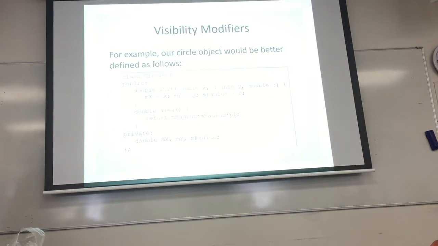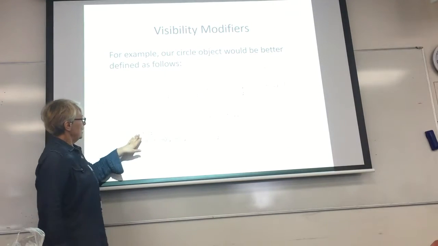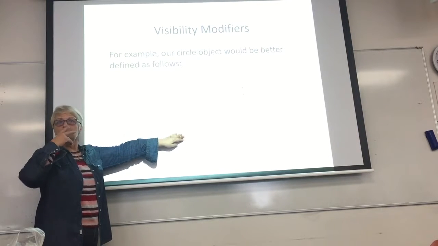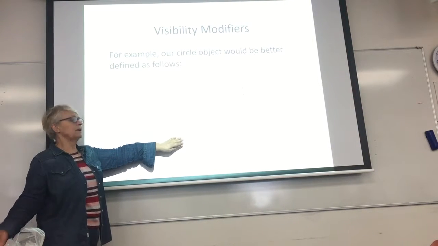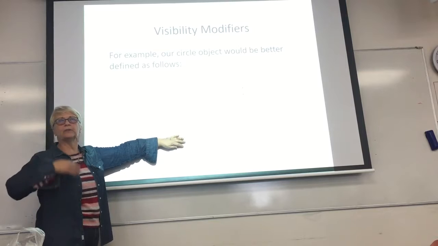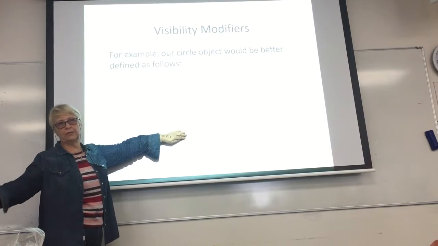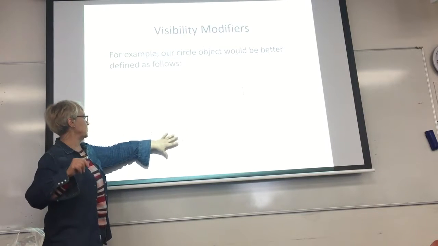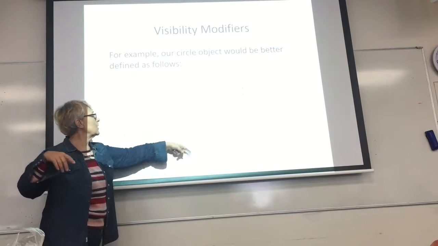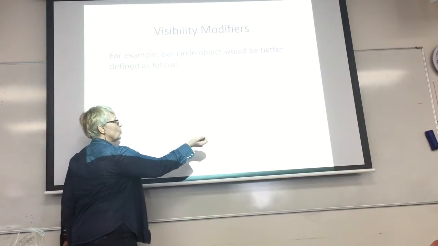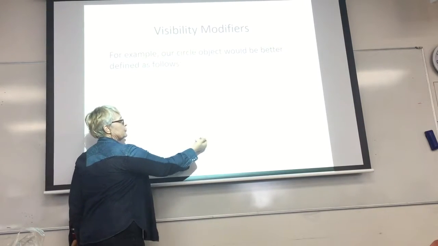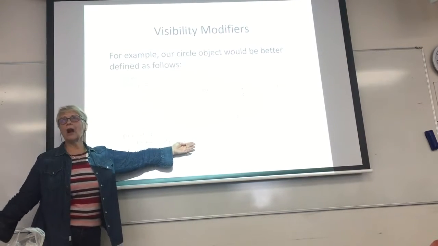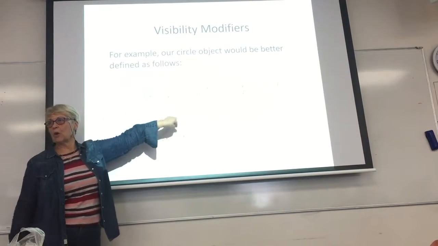Now, if we go back to our simple example, circle, it's a good approach to make most of your data members private. This is where you can do improvements and changes in particular. In this case, we have our x, y coordinates and radius private. In other words, we can't access them outside the class itself at the moment.